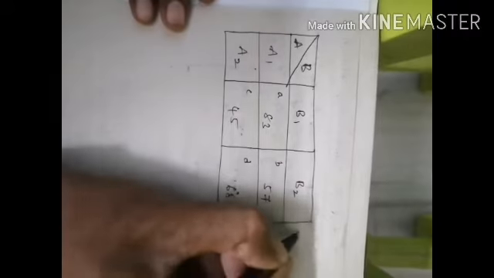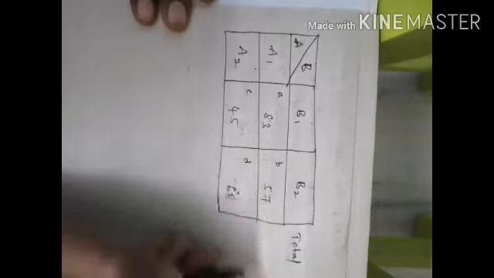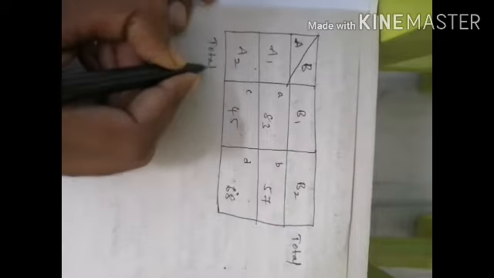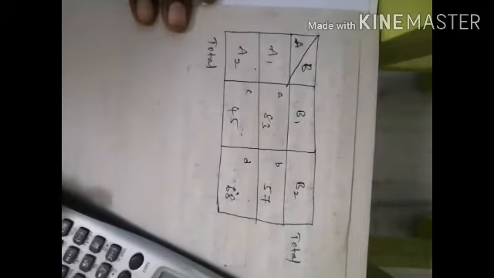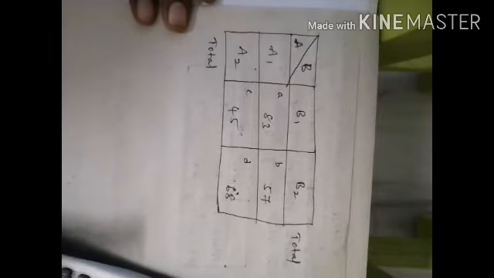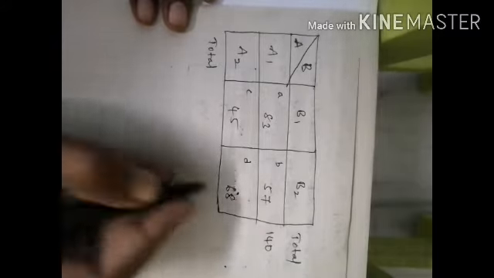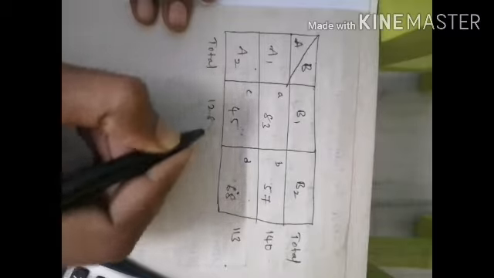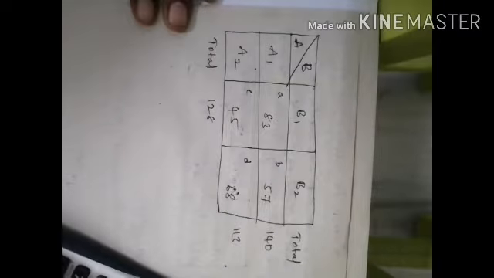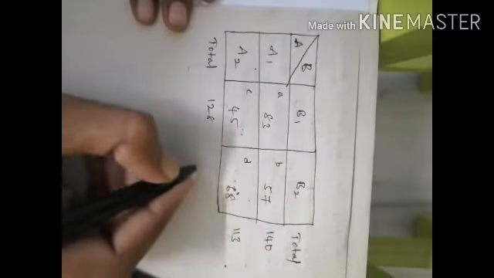So we need to find the totals of rows as well as totals of columns. So 83 plus 57 is 140, and 45 plus 68 is 113, and 83 plus 45 is 128 and 57 plus 68 is 125.